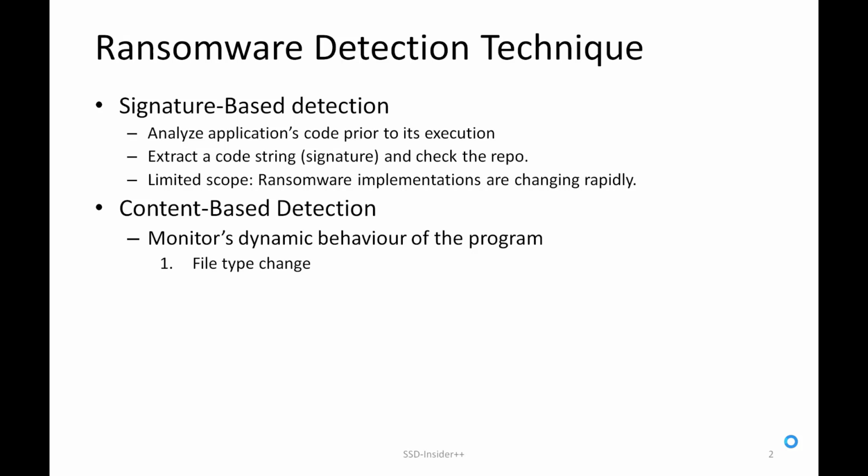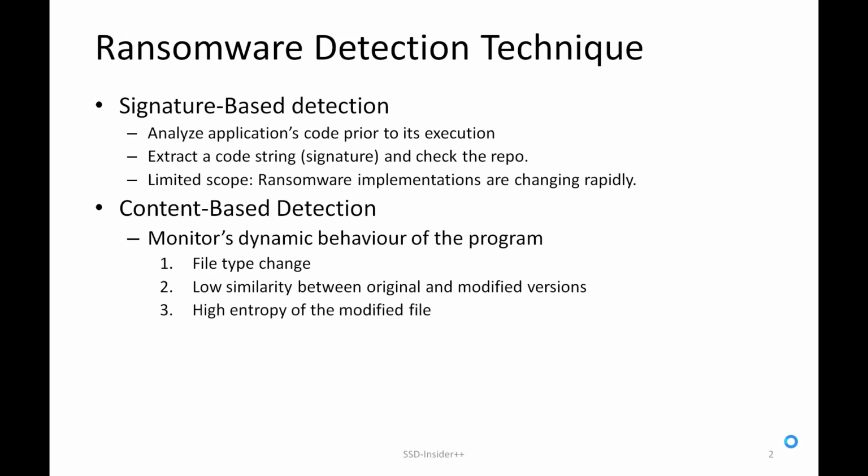And what is typically observed is whether there is a change in the file type, or if there is very low similarity between the original and modified versions of the files, and if there is a huge change in the entropy of the files, right? So these would be some of the deciding factors to see whether it would be a ransomware or not.